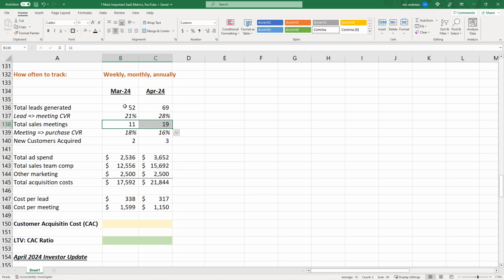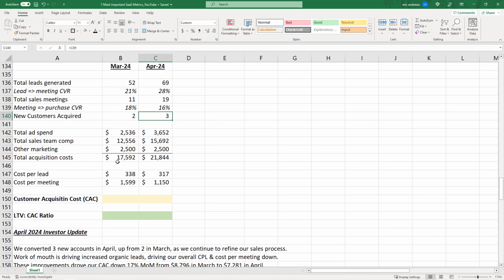Then we had a conversion from lead to sales meeting, and then sales meeting to customers acquired. So we know we acquired 2 customers and then 3. And then we have some financial data: ad spend, sales team compensation, other marketing. We're saying that our acquisition costs are 17,500, and then about 22,000 here.